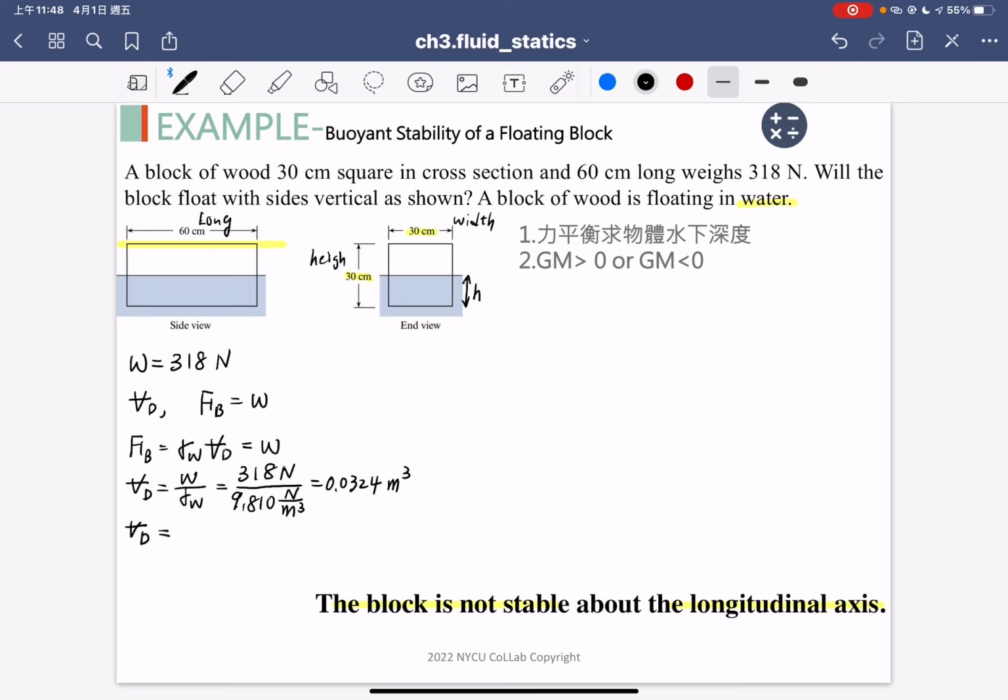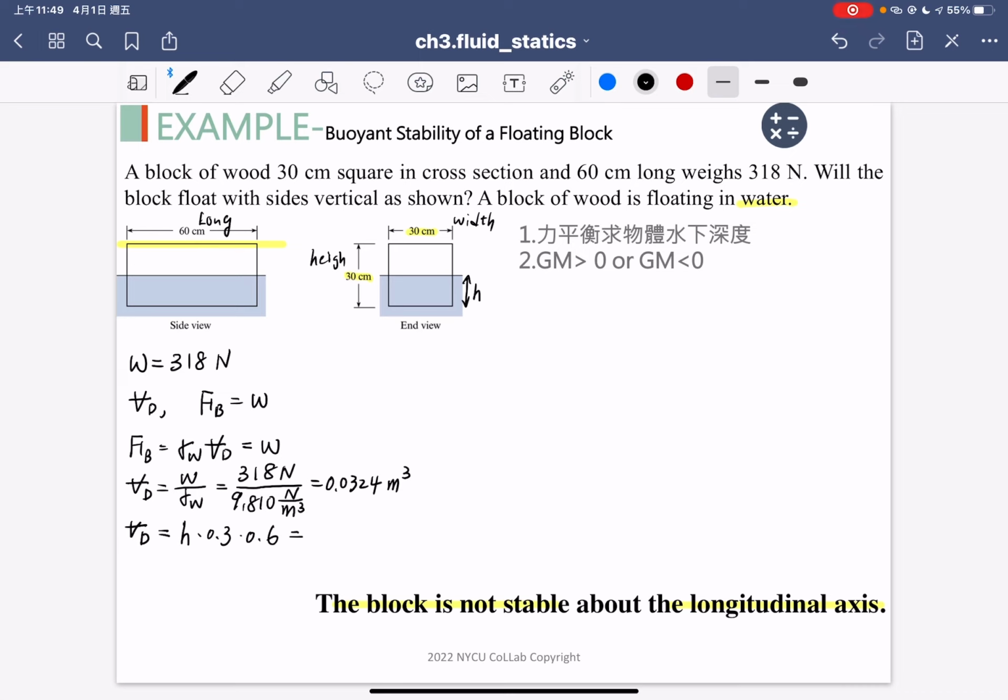By another way, because we didn't know the height here, but we know that the height multiplied by the width, 30 centimeters, which is 0.3 meters, and the length is 60 centimeters, so that is 0.6.